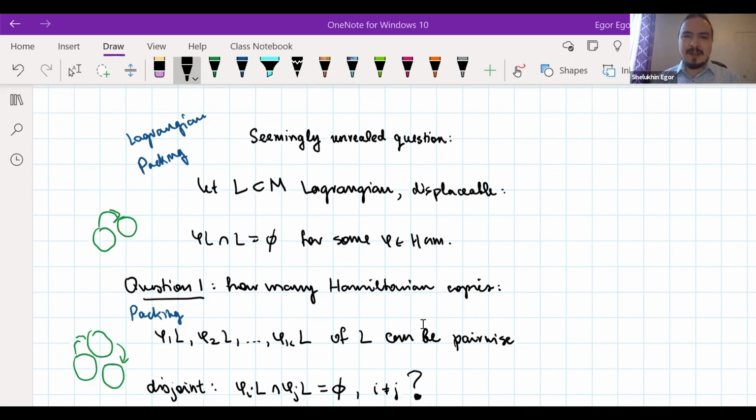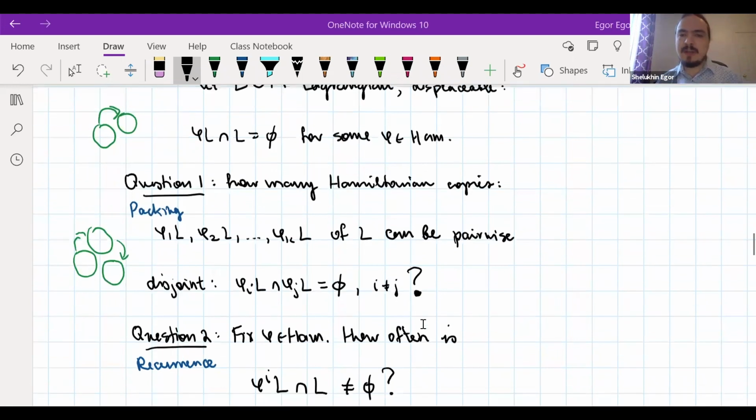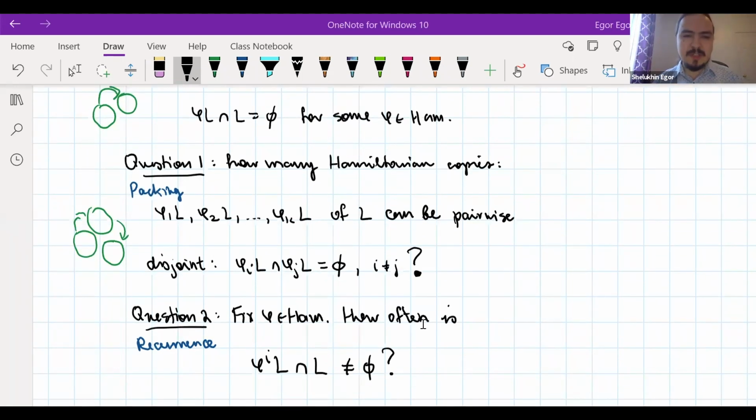So one can pack at least 2 disjoint copies of this Lagrangian in M. And so the question is how many Hamiltonian copies of L one can pack. Is 2 the best? Maybe 3, and so on. How many Hamiltonian copies of L, phi1 L until phi k L, can be pairwise disjoint? That is the question.